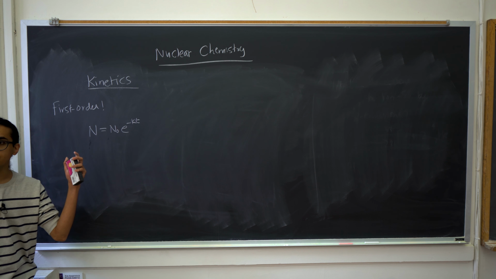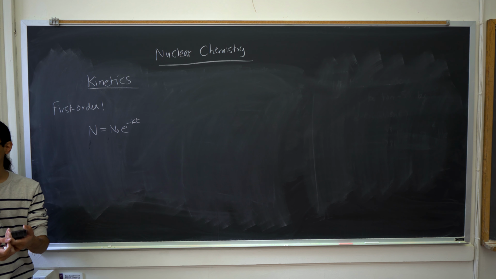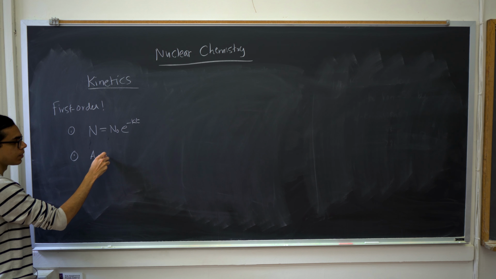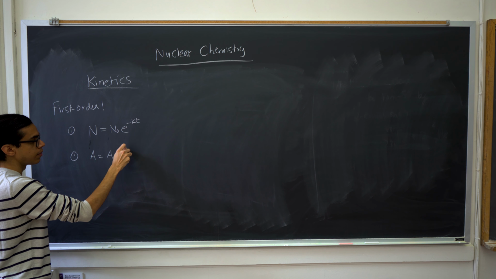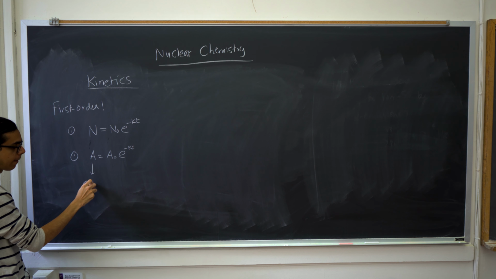N could stand for number of nuclei, or some multiple of number of nuclei, whatever. There is another variation on this equation, which goes A equals A naught e to the minus kt, where A stands for activity.